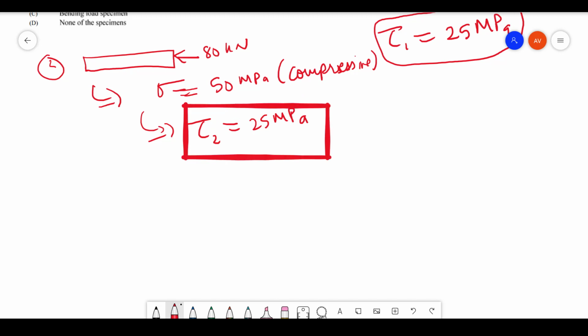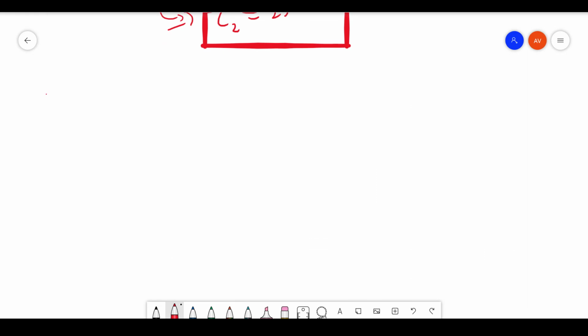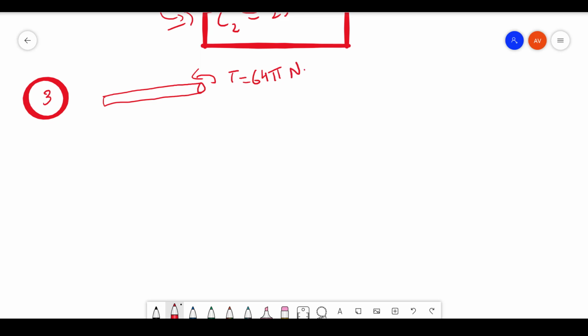Okay, so now the interesting case, that is the third case. You are having a rod under some torsion, which is given as 64 pi Newton meter. Now you will have shear stress given as Tr by J. Here J is the polar moment of inertia.